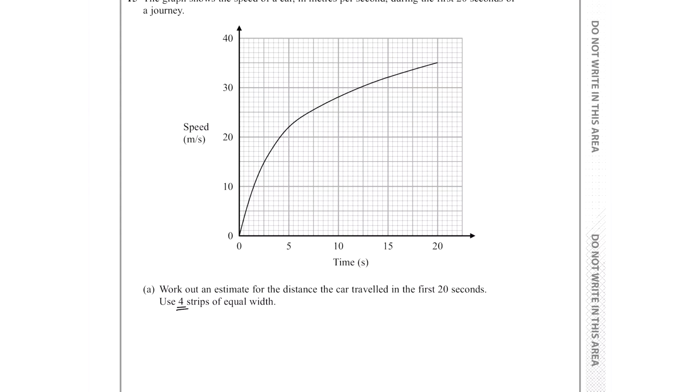There's 20 altogether along the x-axis, so I'm going to need a line here, here, here, and here. There shouldn't be any other way of doing it because they all need to be of equal width.